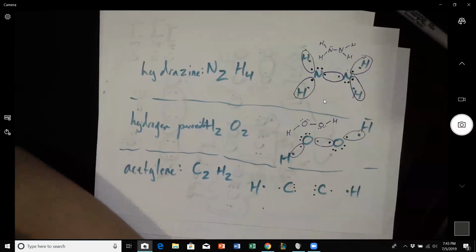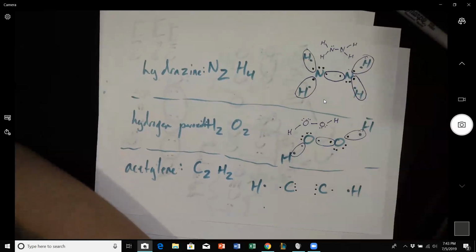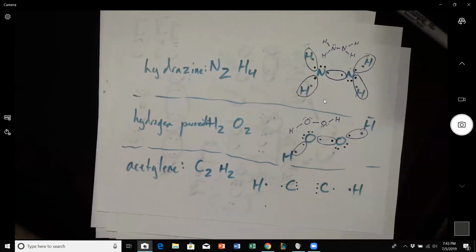Okay. So you all have probably seen hydrogen peroxide, right? Hydrogen peroxide can be used as a disinfectant, but at high concentrations, it's also a rocket fuel. So all of these things are rocket fuels, great.